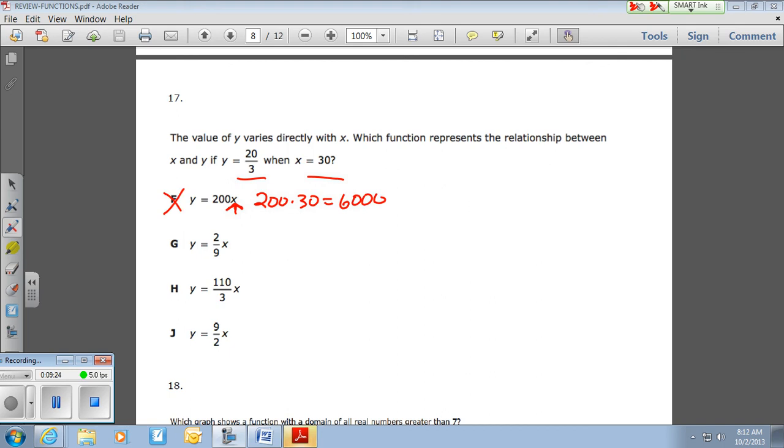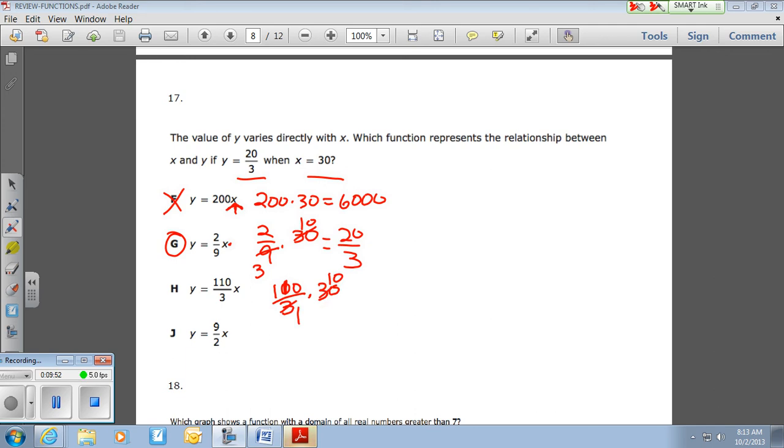All right, plug in 30 for x here. 2/9 times 30. Well, let's do some cross-canceling here. That's 20/3, and that's what I'm supposed to get. So that's a possibility, but let's just check just to be sure. 110/3 times 30.